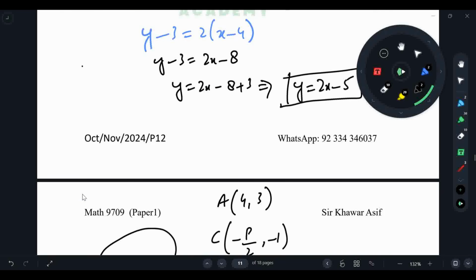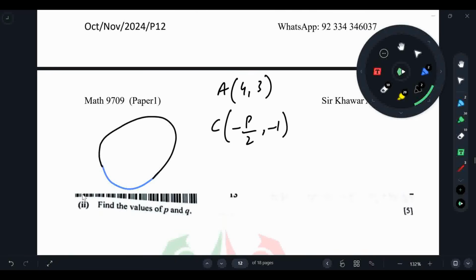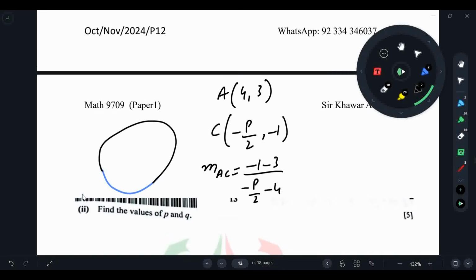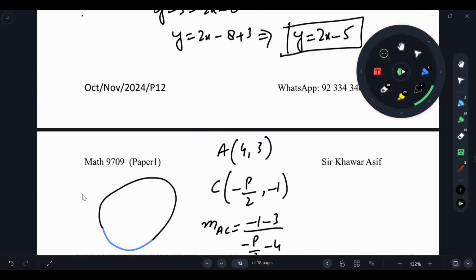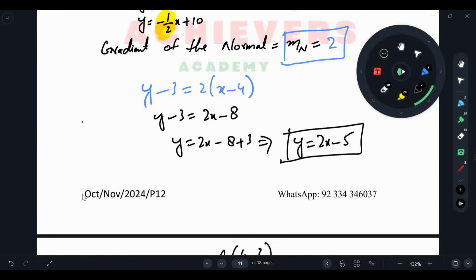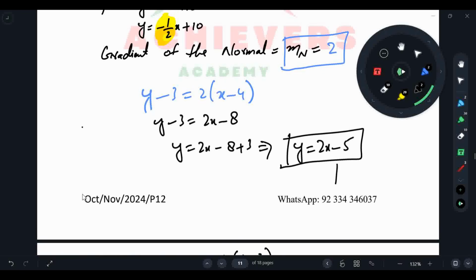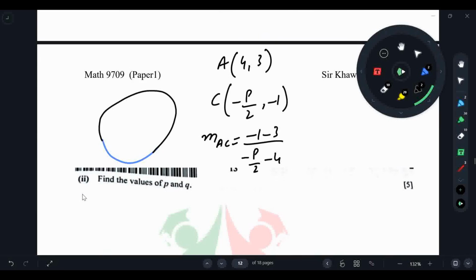Now we know that the gradient of the line AC will be equals to minus 1 minus 3 divided by minus p by 2 minus 4. Now we know that the gradient of the normal, the gradient of this line is 2. So that is why we can equate it with 2.